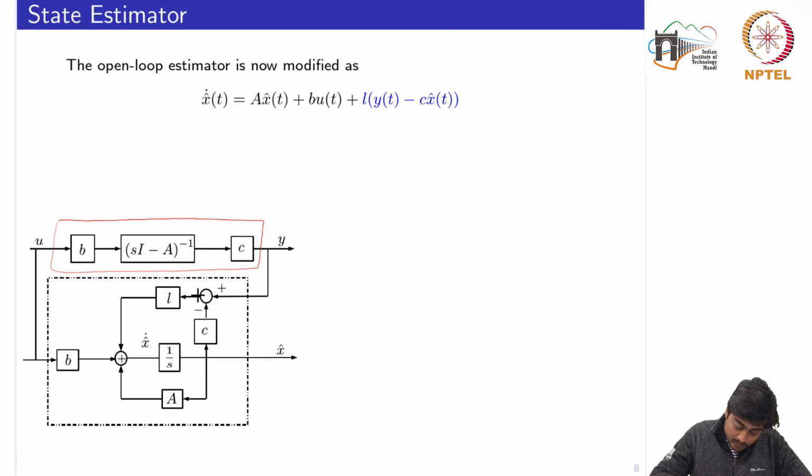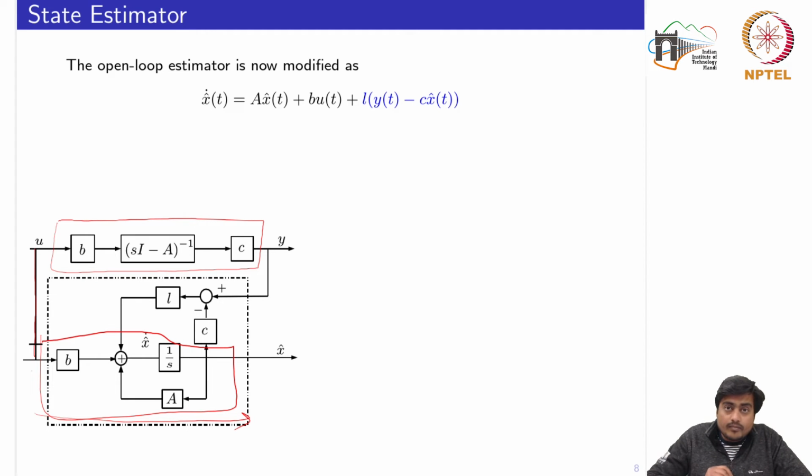If we do not have this part L, C here, in the open loop estimator we were using only this part. So by introducing this term into the open loop estimator, basically I have introduced a feedback mechanism into the observer itself by introducing this vector L. This figure is basically the implementation of this equation.